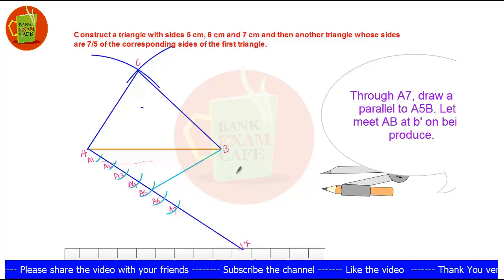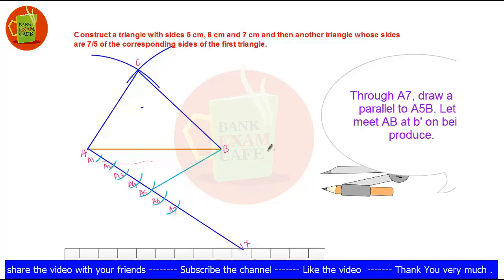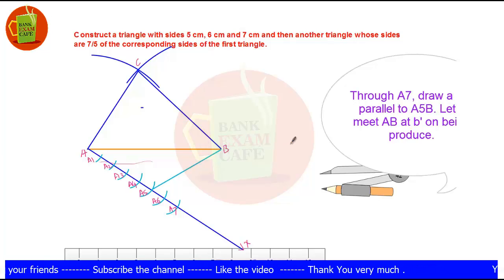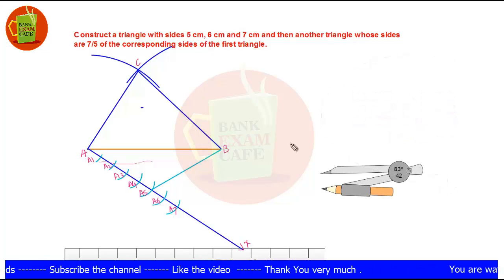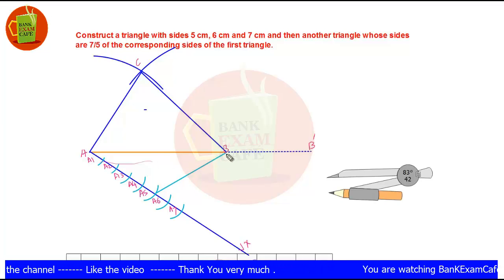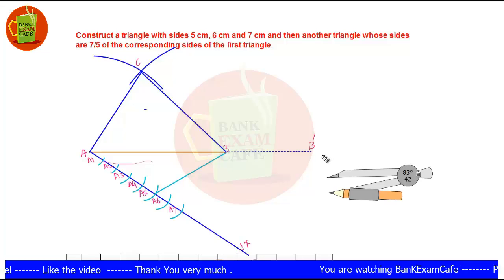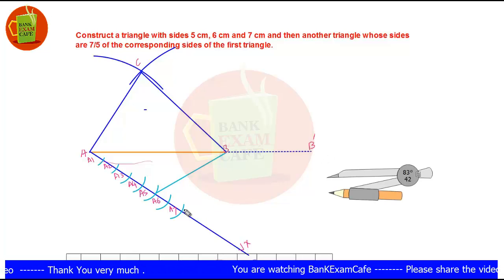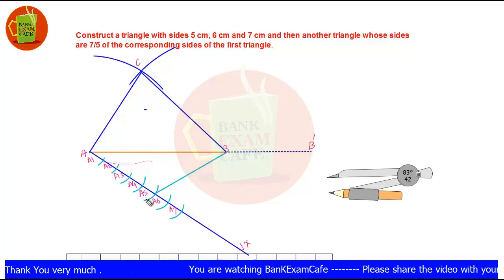So definitely it will be to this side and we will have to extend the AB line segment further. Now extend the line segment AB to B dash, and now from A7 draw a line segment which is parallel to A6B.